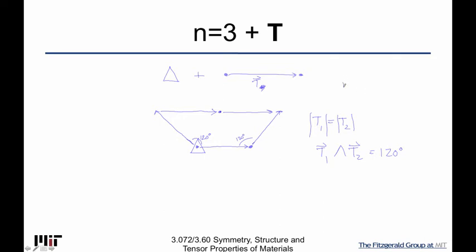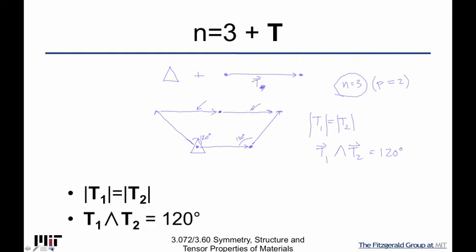Now remember, this is for n equals 3, but before, in our formal definition, this was 2p, the same thing as when we had p equals 2 in our other formal definition. But with the index notation, n equals 3. And so that's pretty straightforward. We already talked about that one, but more formally, the magnitudes are the same, and you have a 120 degree rotation between them.